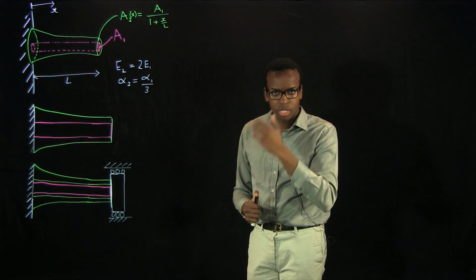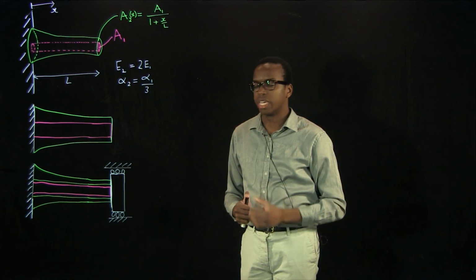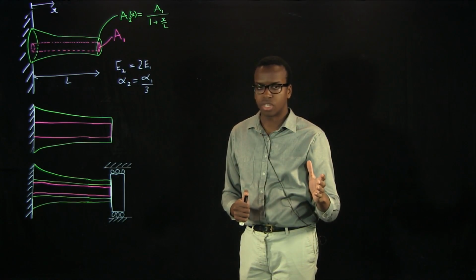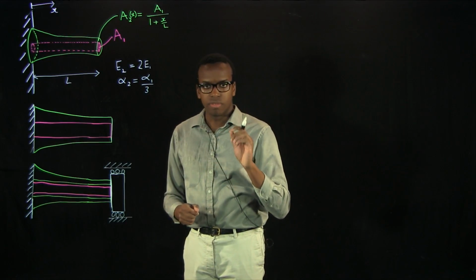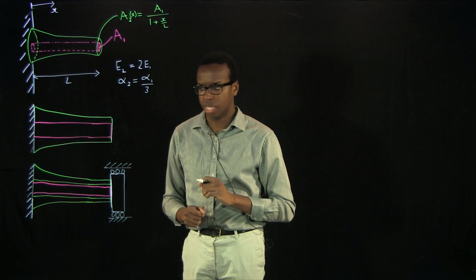Well, we have our constitutive relations for the link between our temperature change and our change in strain. But really, the fundamental difference between them is how we consider the strain in each.